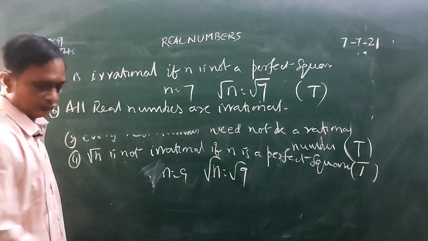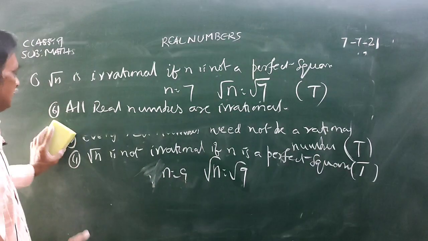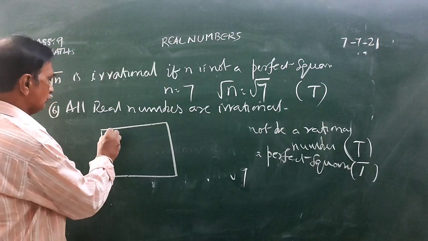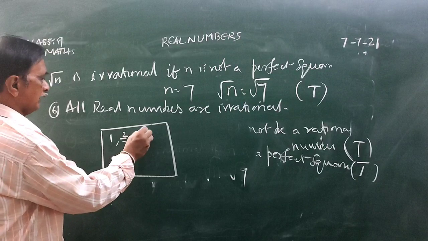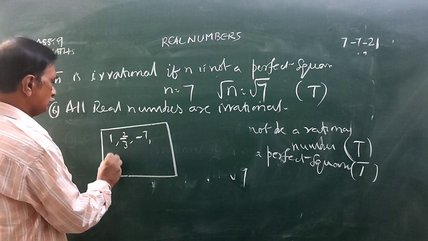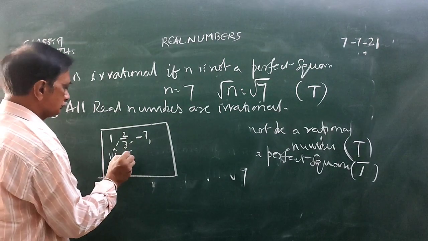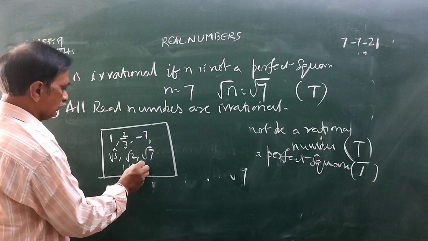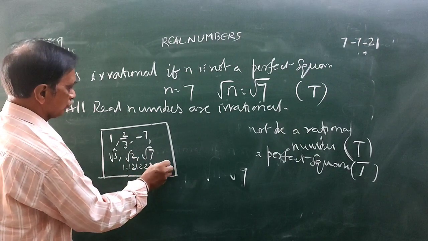We know that real numbers are the combination of rational and irrational. So 1, 2 by 3, minus 7, root 2, root 3, root 7, 1.12, and so on.